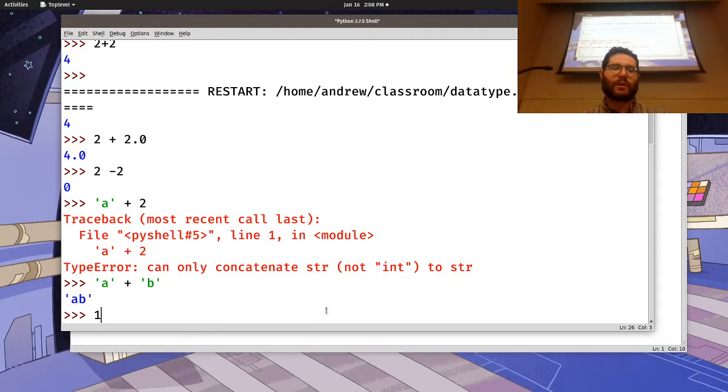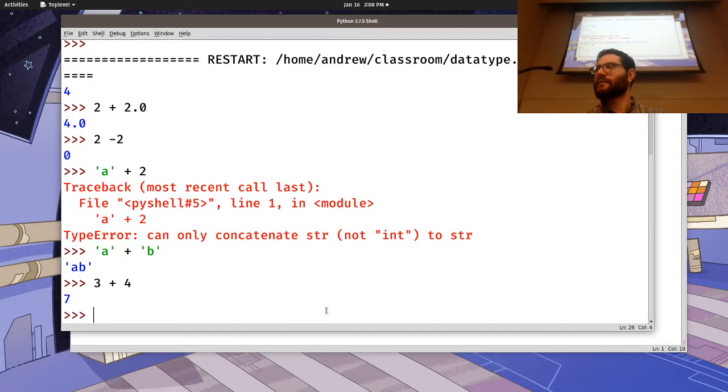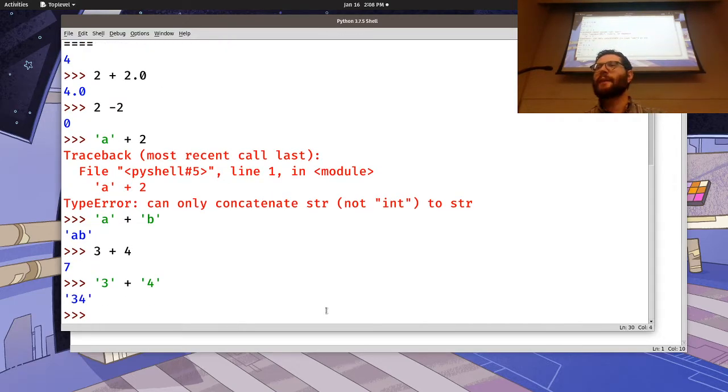Which leads to one of those classic questions which I ask on the first exam, which is 3 plus 4 is obviously 7. Not a trick question. But the text 3 and the text 4 gives you 34, right? Because they're text. Notice that this is numbers and this is text.